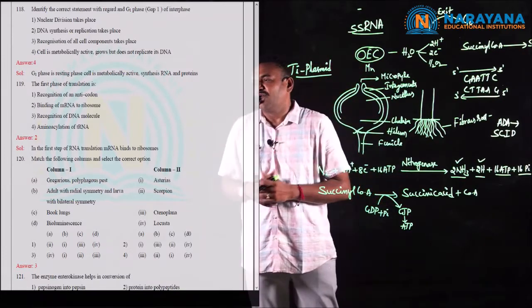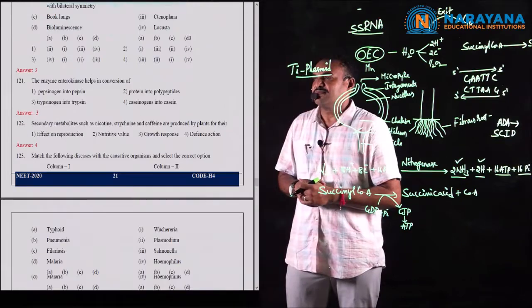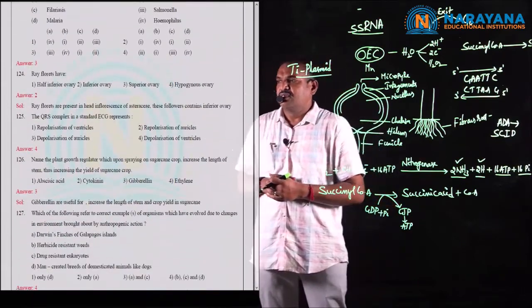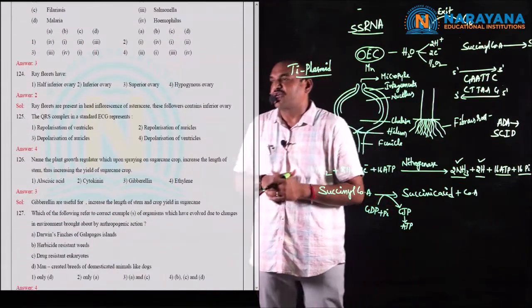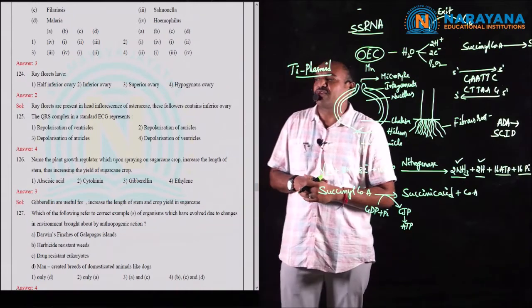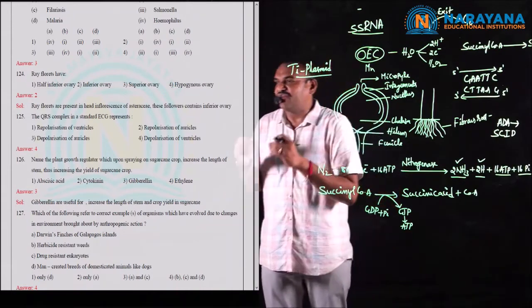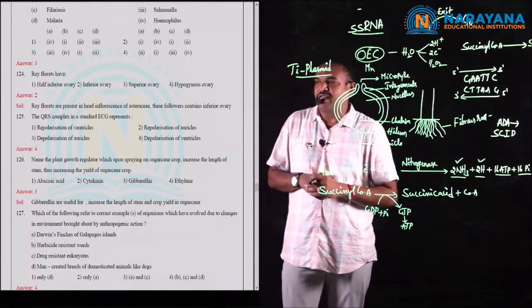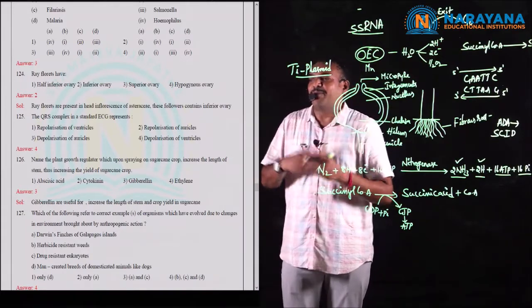And question number 124. Ray florets have: first option, half inferior ovary; second, inferior ovary; third, superior ovary; fourth, hypogynous ovary.